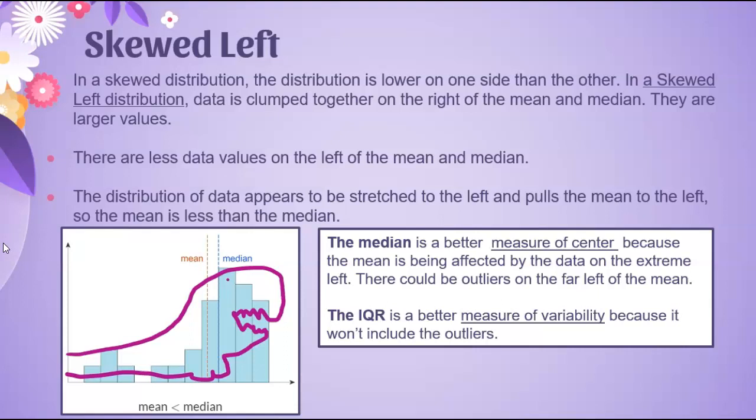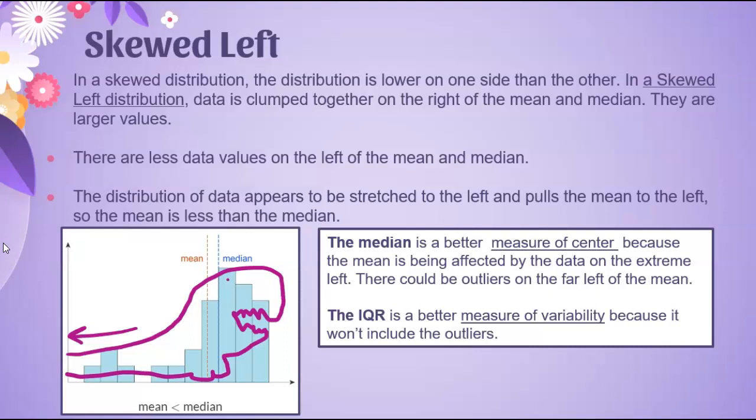Now it depends on which side the data is skewed to. So as you look at this skewed left, our tail is pointing to the left. In a skewed left distribution, the data is clumped to the right side of the mean and the median.